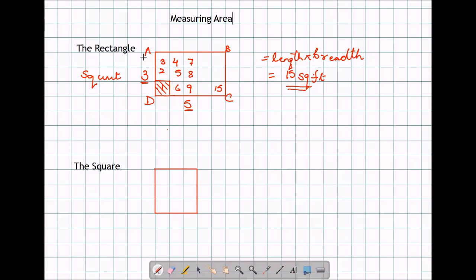Whatever the length is, that many rows of squares we'll have, and whatever the base or breadth is, that many square columns we'll have. When we multiply both of them, we get 15 square units, which we also got from counting the squares. So this was all about how we find the area of a rectangle.